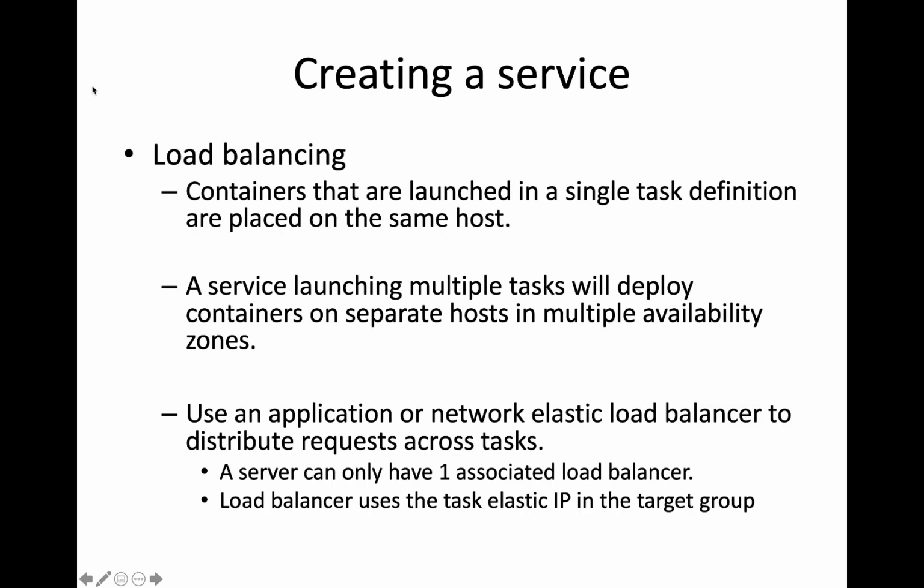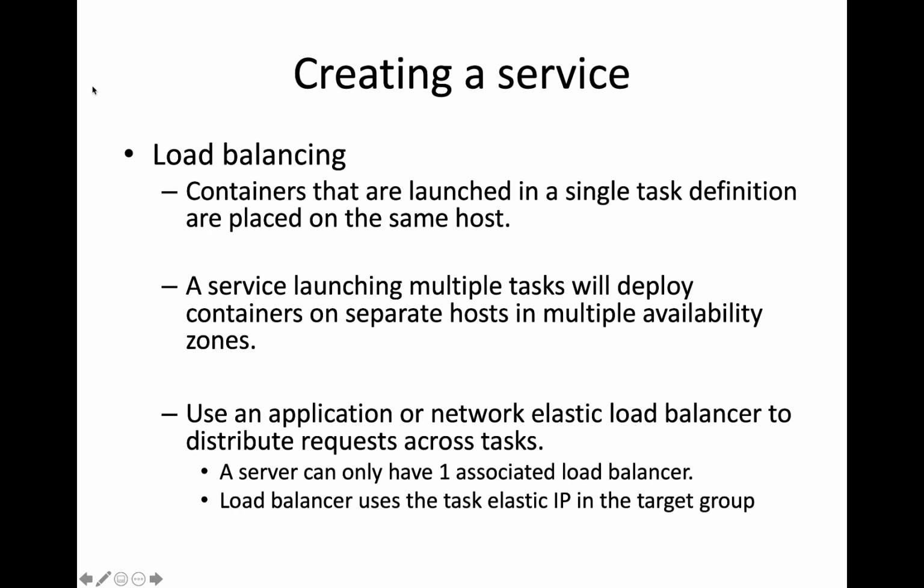I mentioned that we can use load balancing to distribute requests across our tasks. The one thing to note is that when you define a task, you can actually specify multiple containers that are a part of that task. When you have a single task definition, all of the containers that are defined by that task definition are going to be placed on the same physical host within the cluster.